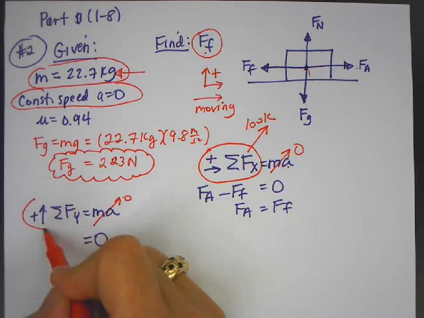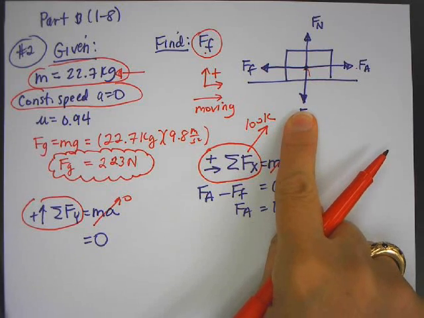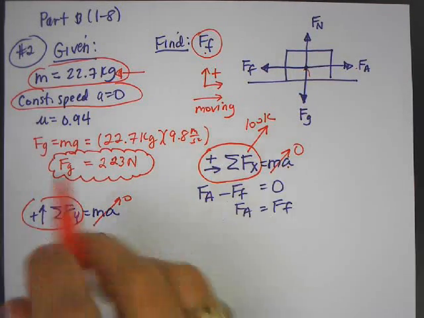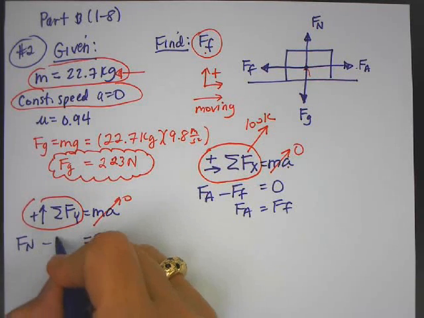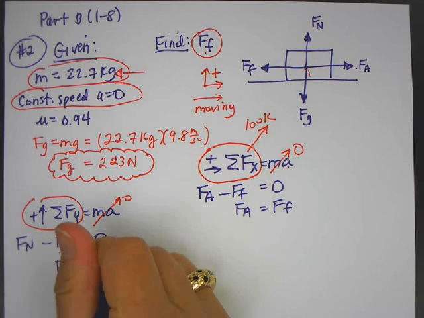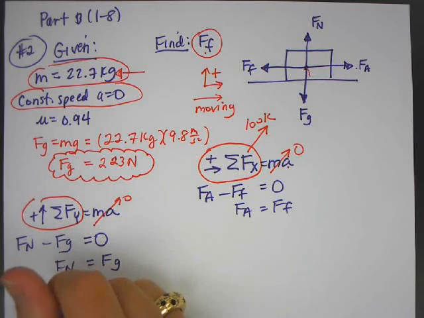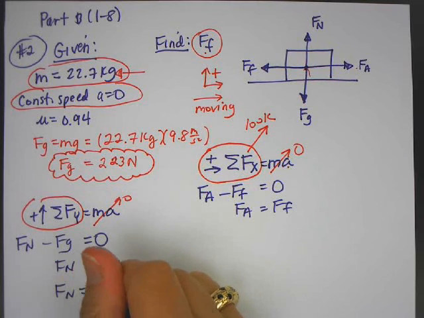Now I'm going to replace this with my forces going in the Y direction. Fn is up, so it's positive. Fg is down, that's negative. So Fn is equal to Fg, and I already found Fg, so Fn is equal to 223 newtons.